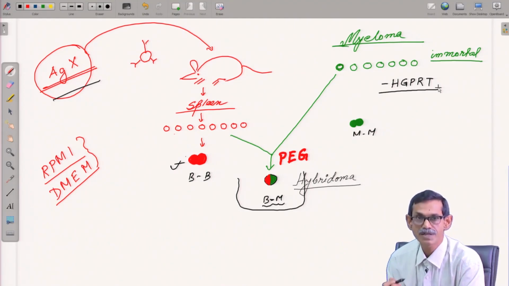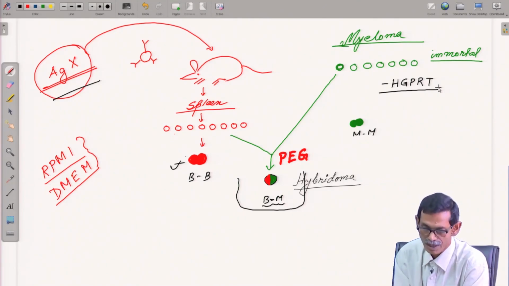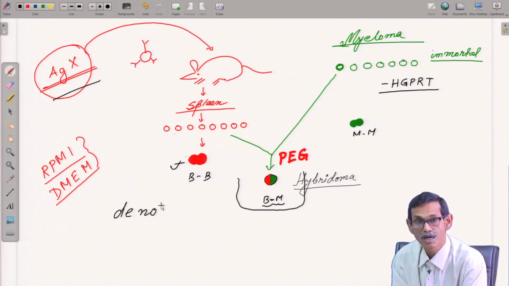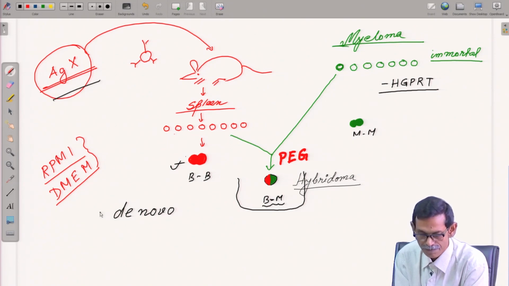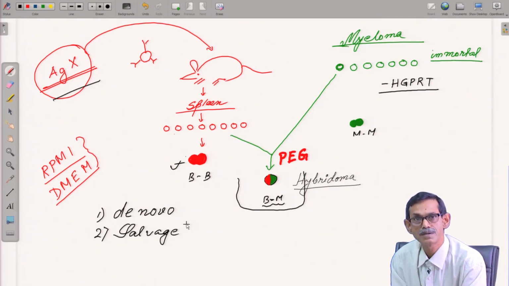For all the nucleotide synthesis, there are two pathways in every cell. In every cell in our body we have two different pathways. One is the de novo pathway. I hope you already know this from your metabolism course in biochemistry. One is the de novo pathway, and number two is the salvage pathway. So, de novo and salvage.